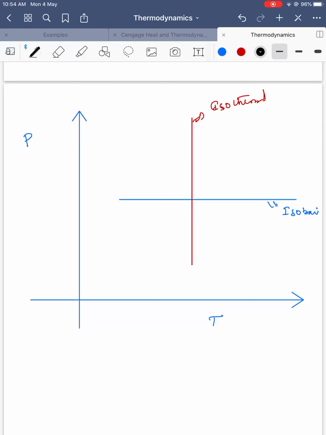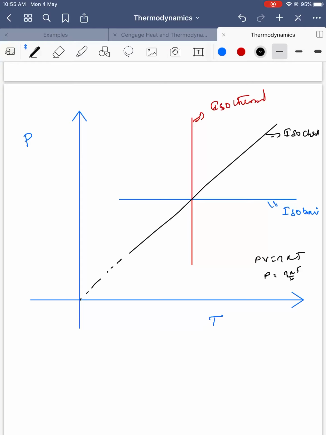Next, isochoric. For isochoric, PV is equal to nRT, so P is equal to nRT by V. So it is a straight line, and the dotted line should be represented here, which means if temperature is equal to 0, pressure is also equal to 0. This is the isochoric process.